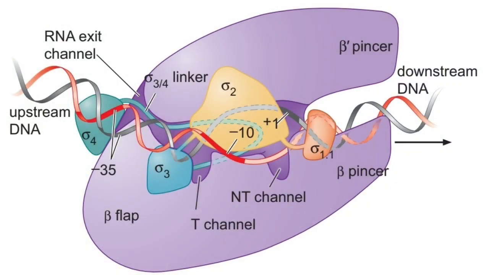So if you look at this picture, the RNA polymerase forms 5 channels.